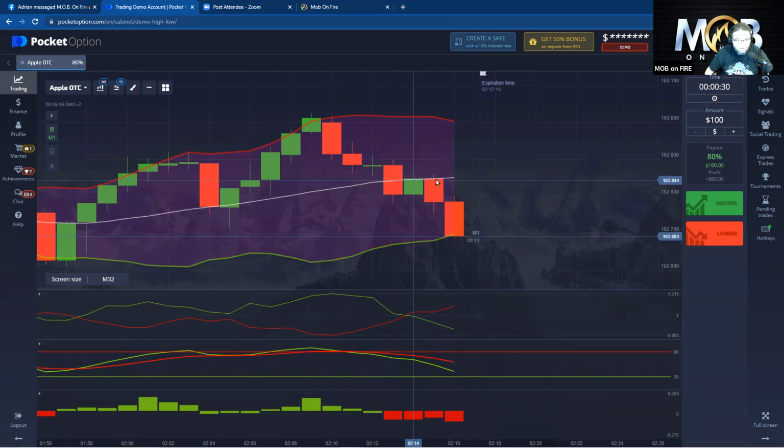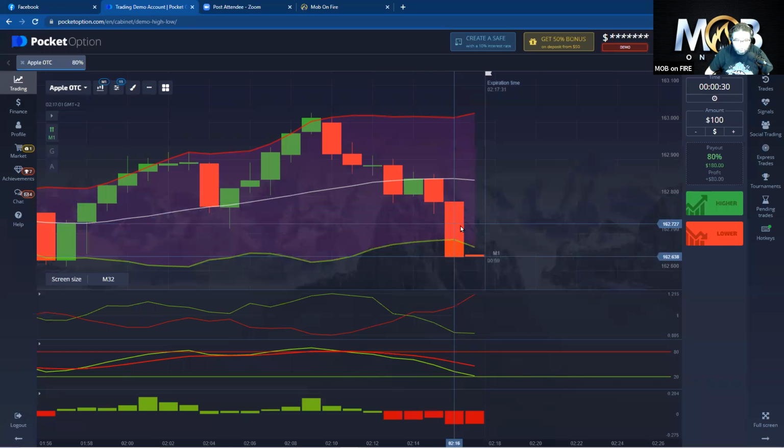We are going to stand pat when it gets to the middle right here. That is no man's land, is what I call it. And when it comes out of the middle, we're going to continue to sell it.